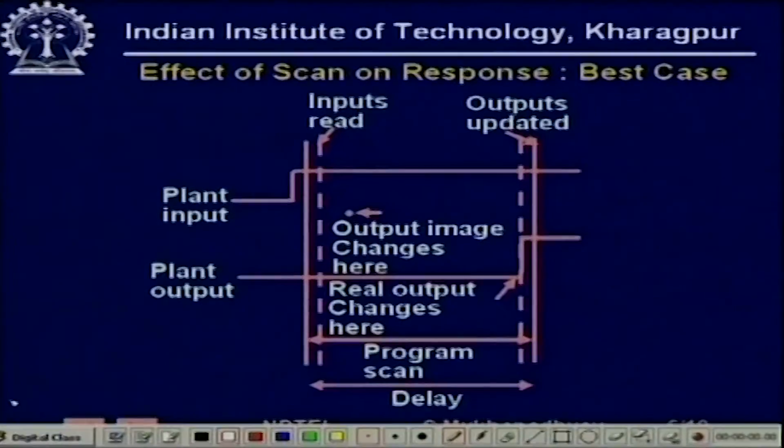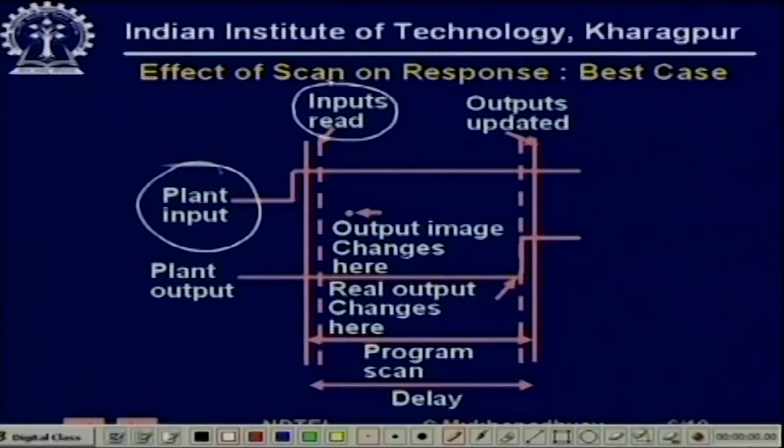We are first looking at the best case. Remember that the plant input can change at any arbitrary period of time. We cannot control that, right. So suppose the plant input changes just before the inputs are read. Then immediately after it changes, it will be read. That is, this change will be reflected and will come to the processor IO image very quickly.